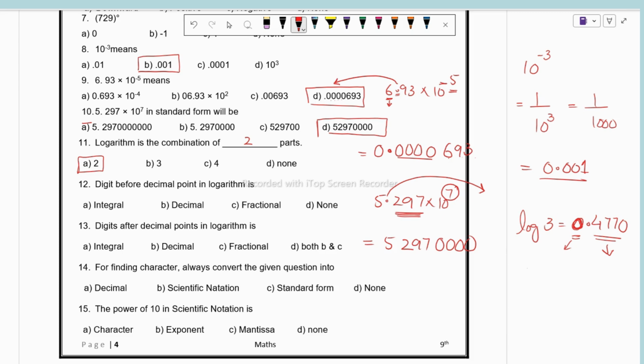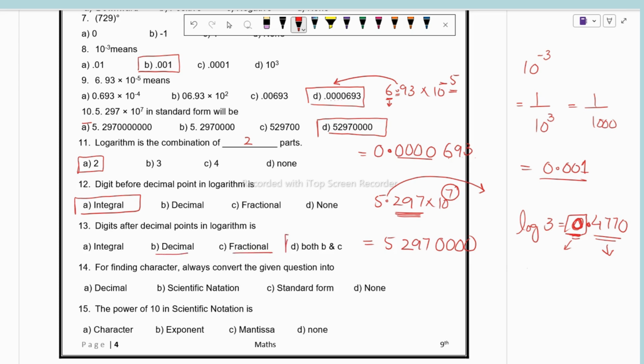Now the second thing: the digit before the decimal point in a logarithm is called... So here you can see that the digit before the decimal is called the integral. The digits after the decimal point in a logarithm are called... These numbers are called decimal as well as fractional.